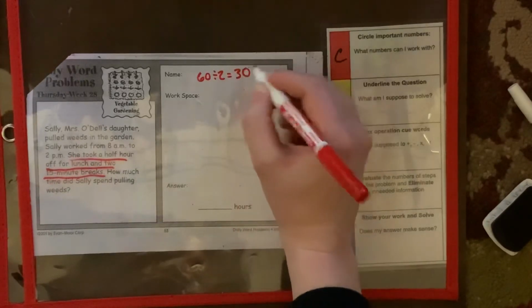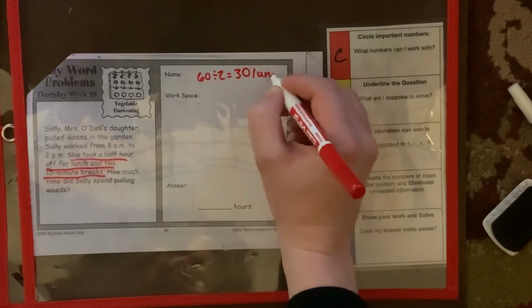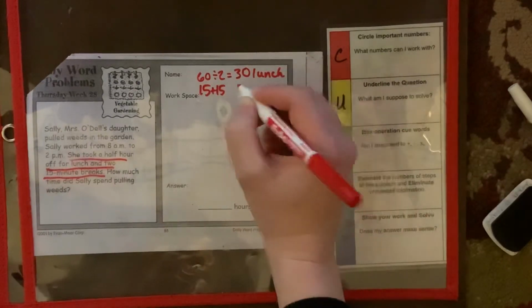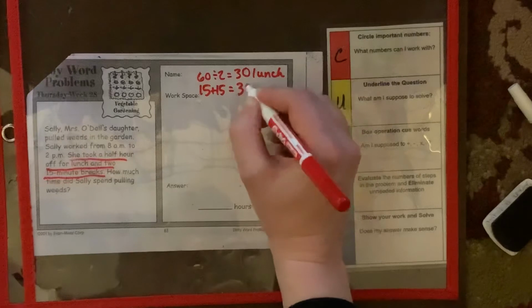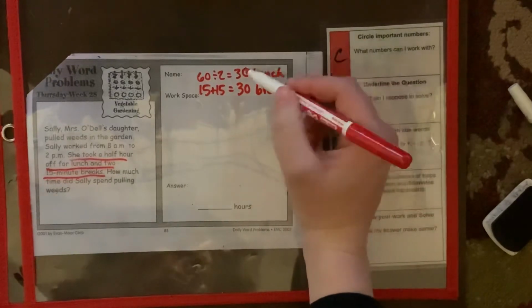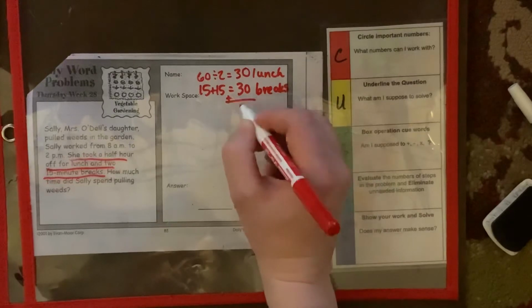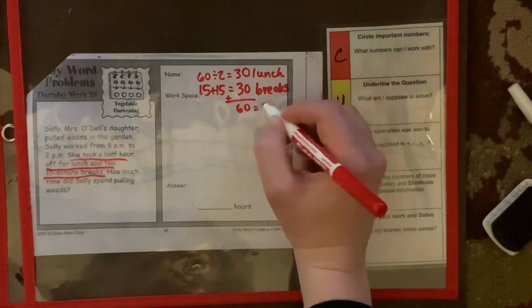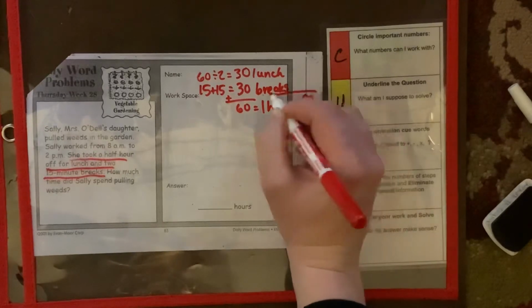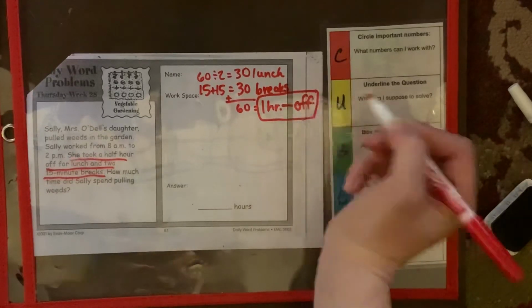So she took off 30 minutes for lunch, and then 15 plus 15, because she took 2 15-minute breaks. That's another 30 for her breaks. What's 30 plus 30? 60. So she took off 1 hour for her various breaks and lunch and stuff like that.